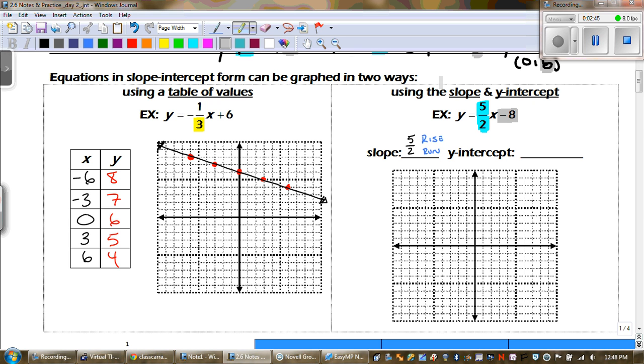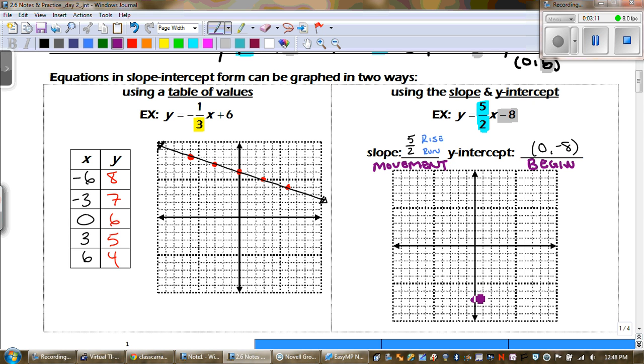Our y-intercept is the number at the back, and that's just the point (0, -8). Okay? So when we're doing something like this, b, the y-intercept, this is where we begin. So I begin at (0, -8), and this is our movement.